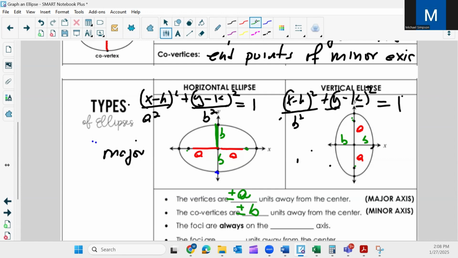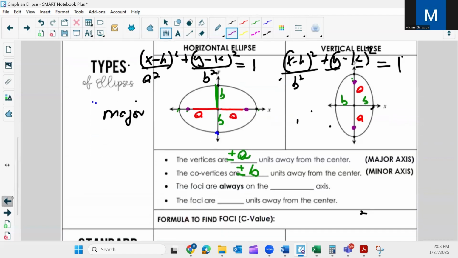No, these are the endpoints, those are the vertices. This right here, these are your foci. Again, the foci are always on the major axis, and they are plus and minus c units away from the center.